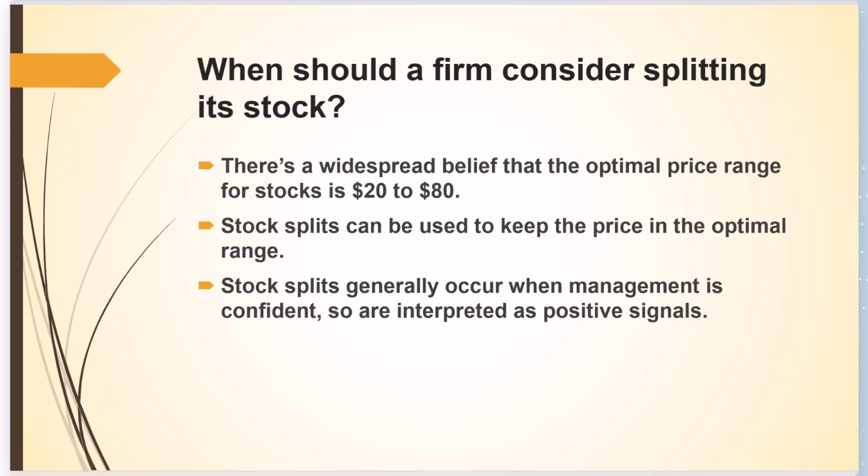With respect to splitting, the idea is that there is an optimal price range between $20 and $80. Stock splits can be used to keep the price in this optimal range. Again, they generally occur when management is confident. So stock splits can be interpreted as positive signals.